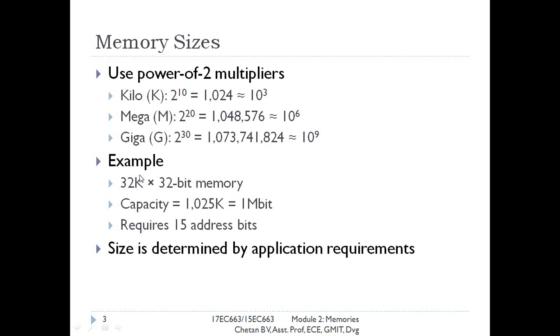So 2 power n is 32K. It means that for the total capacity, you have to multiply this 32K into 32-bit, which is around 1024K, which is 1 megabit, and this requires 15 address lines.